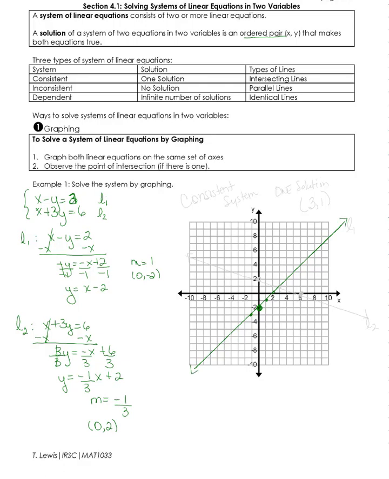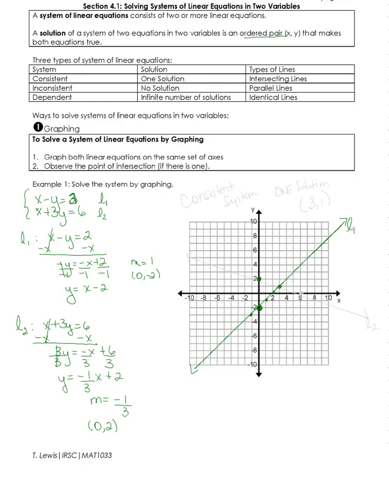We're going to label the line as L sub 1, or you can write the equation if you choose to. Our second line, we start at (0, 2). From there, our slope is negative 1, so we go down 1 unit, and then we run over 3 spaces. 1, 2, 3.